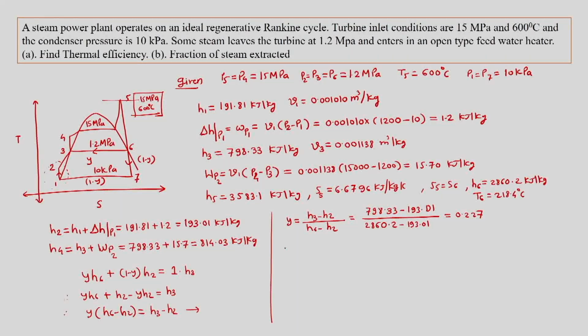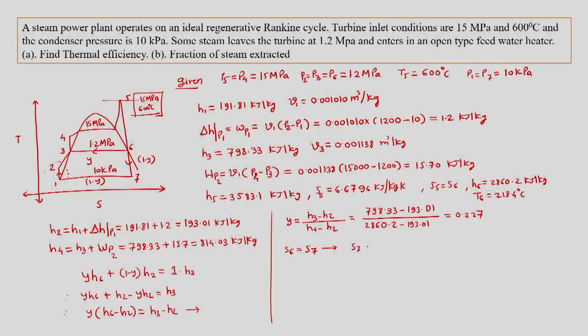But further we can find state 7, where we take S6 is equal to S7. We go into the steam table and see at what condition the entropy at state 7 equals state 6. It happens in this case that we are inside the dome.